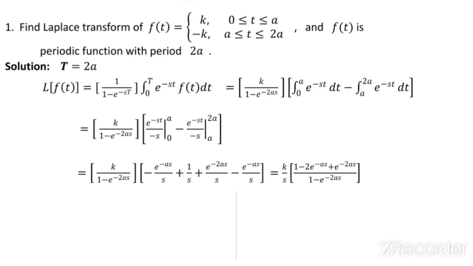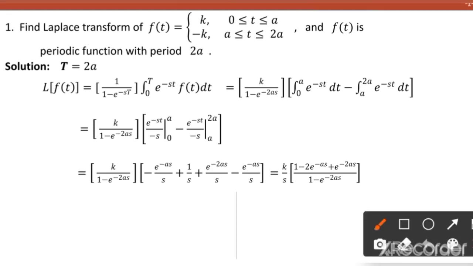So we have minus 1 over s, which is anyhow constant, times e power minus as minus e power 0, that is 1. So we get e power minus as by s minus of minus plus 1 by s. Similar work we have to do for the second term also. We get e power minus 2as by s minus e power minus as by s.